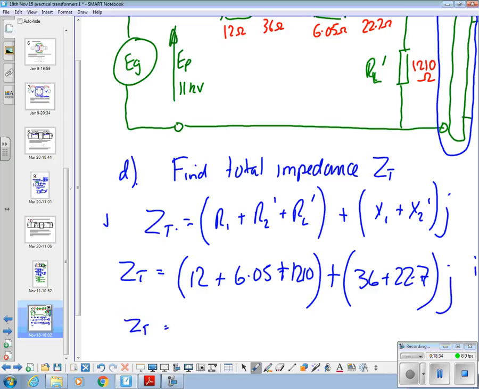Those three added together come out as 1,258 plus 58.7J.